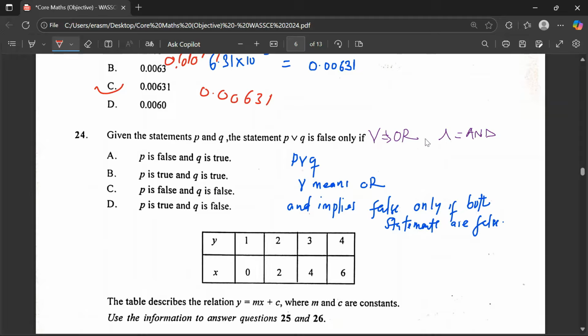So with or, it becomes false if both of them are false. So the statement C is what? The right option. P is false and Q is false. Then that will imply that P or Q is false.